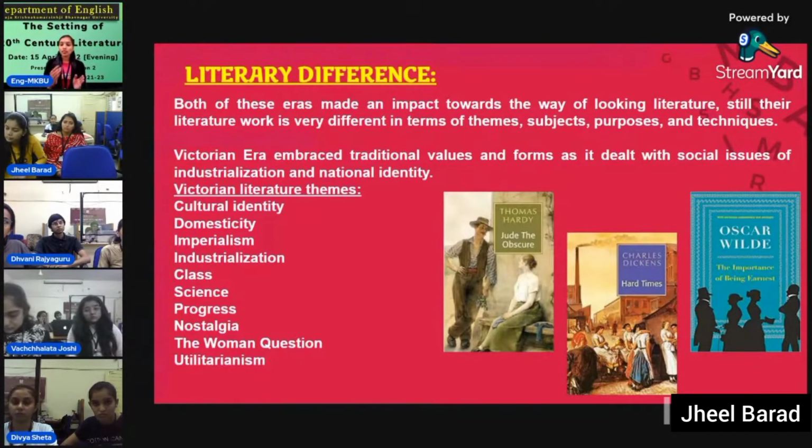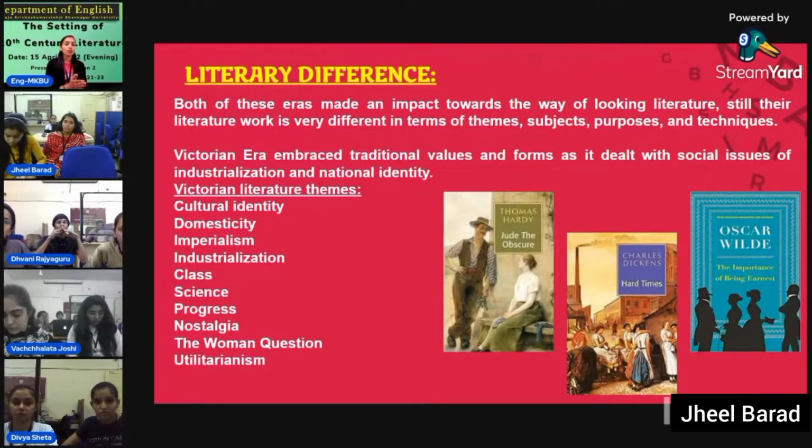Like we have seen in Oscar Wilde's The Importance of Being Earnest, upper-class societies are discussed more. In Charles Dickens' Hard Times, we see more of the scenario of aristocratic upper-class societies. Even in Thomas Hardy's Jude the Obscure, we see how the upper class is ruling and the lower class is not allowed. There we see the class difference more.